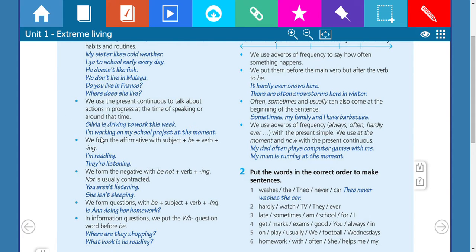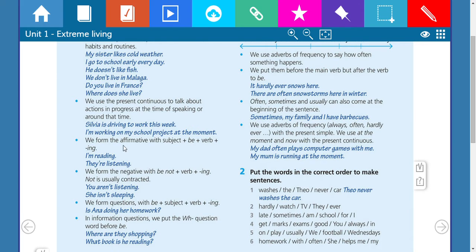For example, here it says Sylvia is driving to work this week. I'm working on my school project at the moment. So in this moment, I'm working on my school project. Here we have extra information.